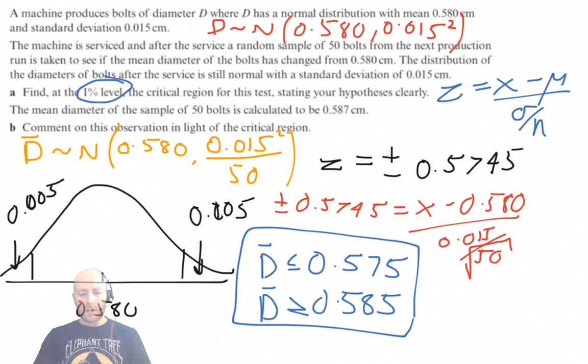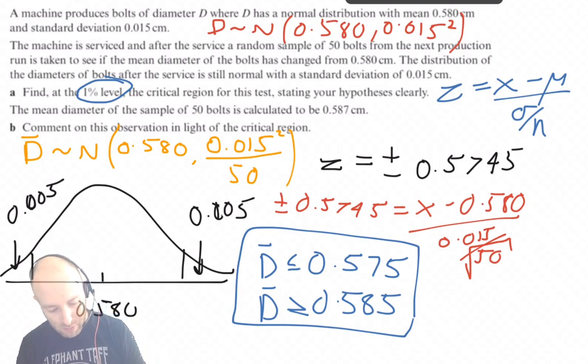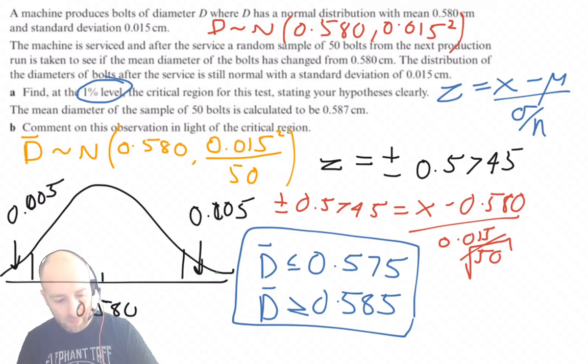So those are my two values. If we look at what they've given us, they've said the mean is 0.587. So 0.587 is inside my critical region, somewhere in here.